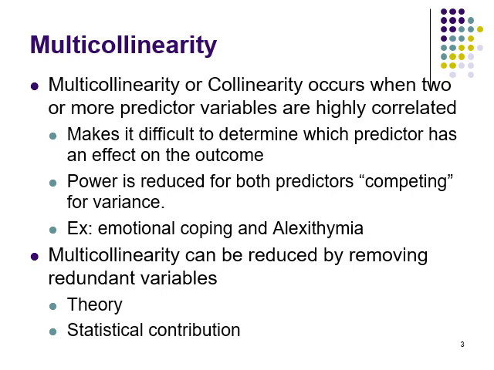The same thing can be done to some degree with suppressor variables, except the suppressor variables shouldn't be related at all by either theory or statistical contribution. So we're much cleaner once we've identified a suppressor variable, just removing that suppressor variable. When we identify multicollinearity, we need to decide which of the variables we want to remove, and that takes us to this theory versus statistical contribution as two different ways to decide which one should be removed.